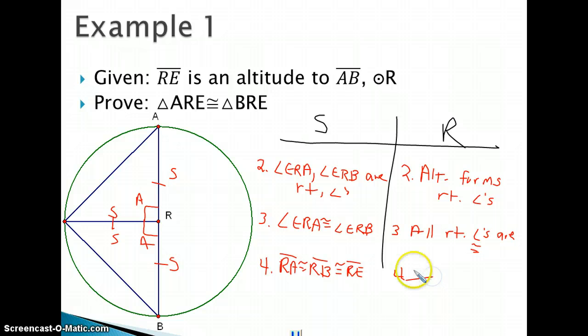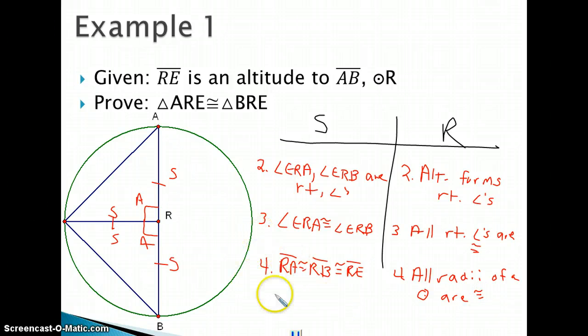And that's because all radii of a circle are congruent.